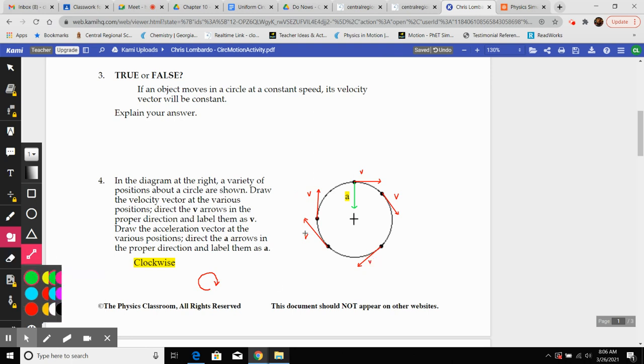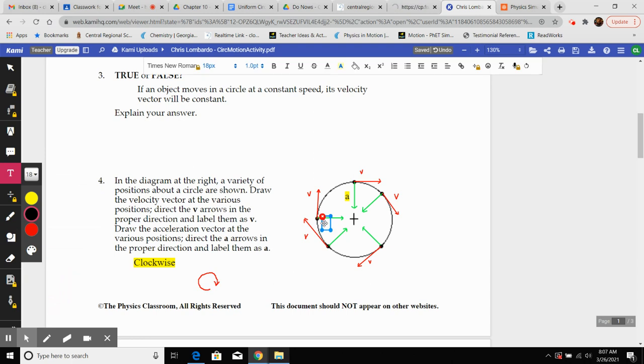And then we have our acceleration. So at any one of these points, they are pointing inward towards the center. Now, if we were to draw in a force vector as well, what direction would that be going?